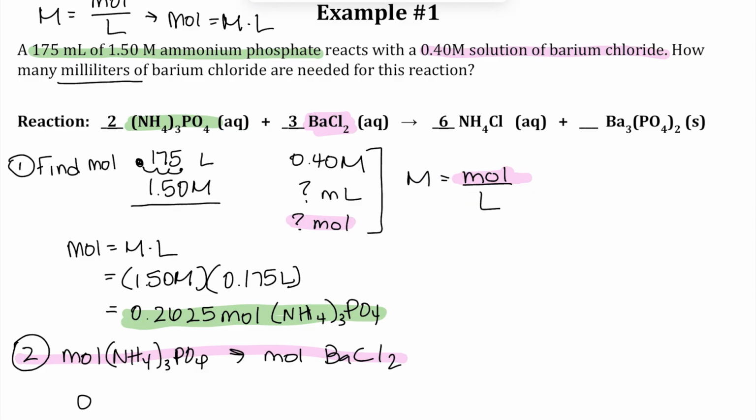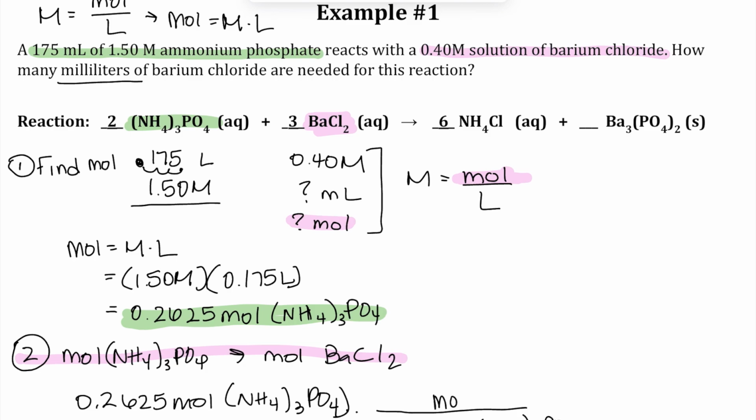So we've got that 0.2625 moles of ammonium phosphate. Well, how do I go from moles of ammonium phosphate to moles of barium chloride? I'm going to use my coefficients from my balanced reaction.